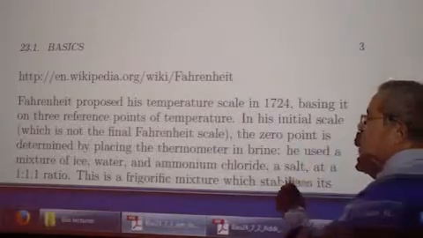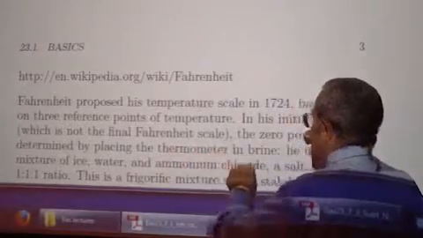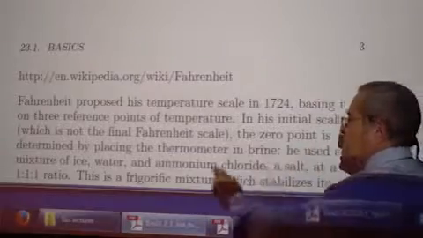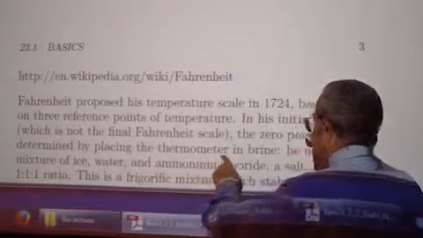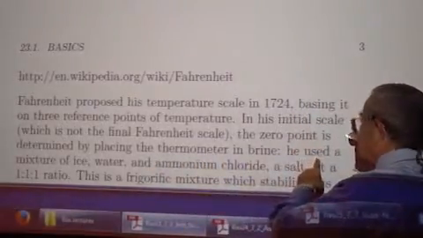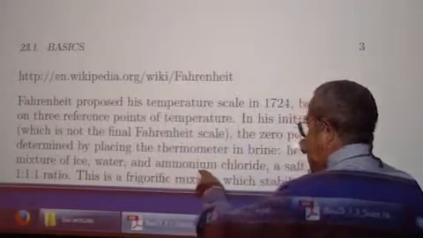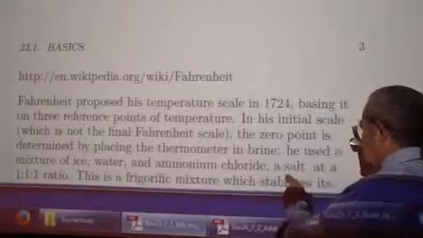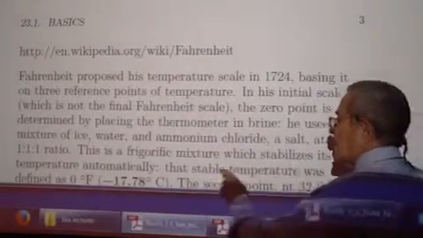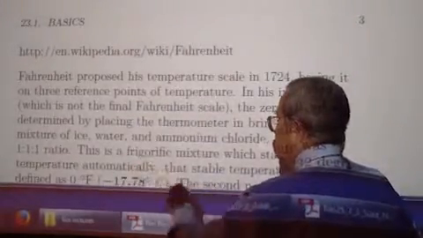In his initial scale, which is not the final Fahrenheit scale, the 0 point is determined by placing the thermometer in brine, and he used a mixture of ice, water, and ammonium chloride and salt at a ratio of 1 to 1 to 1.